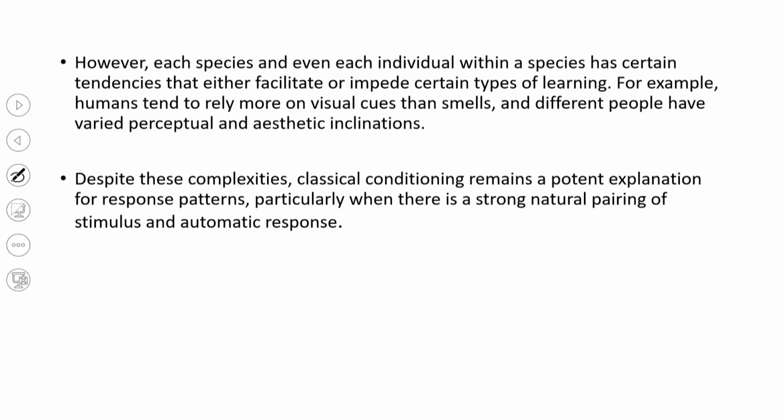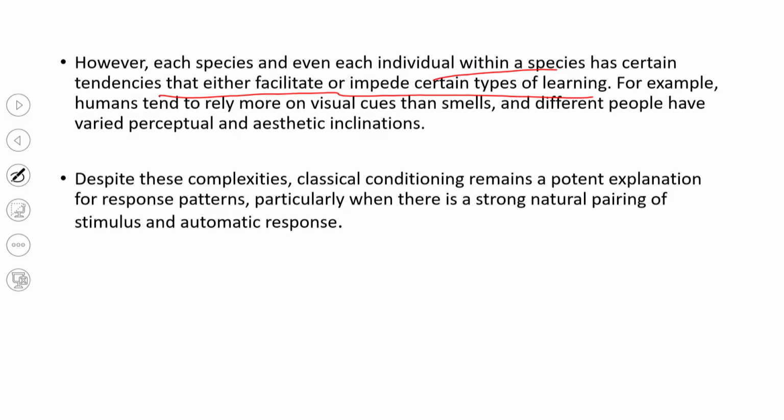Each species, and even each individual within the species, has certain tendencies that either facilitate or impede certain types of learning. So, we all have certain tendencies. If the conditioning is in line with their tendencies, the conditioning can happen much faster. If it is not aligned with our preferences, then obviously it is much more difficult to condition them.